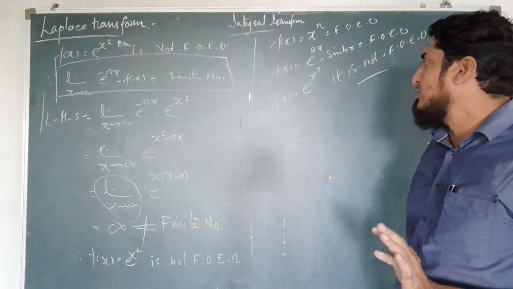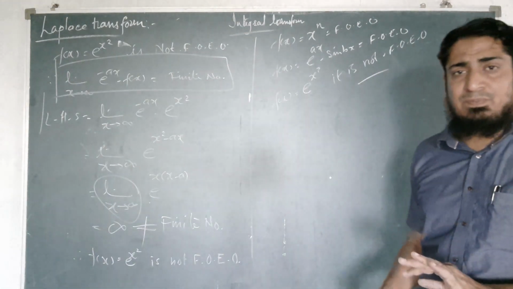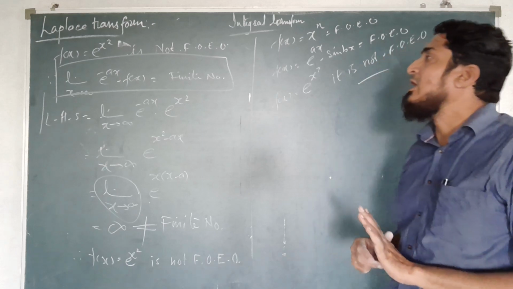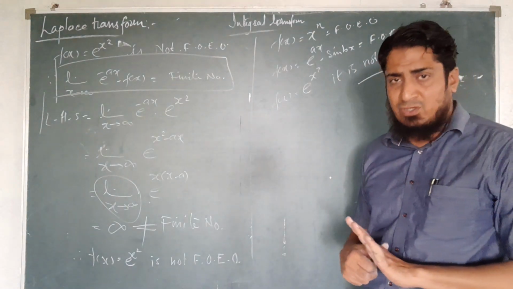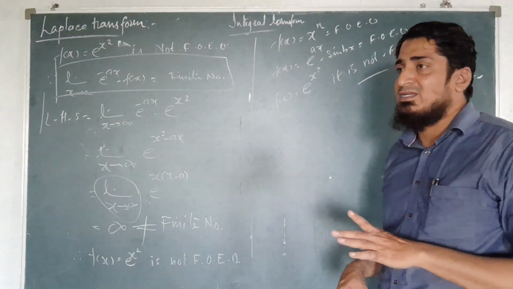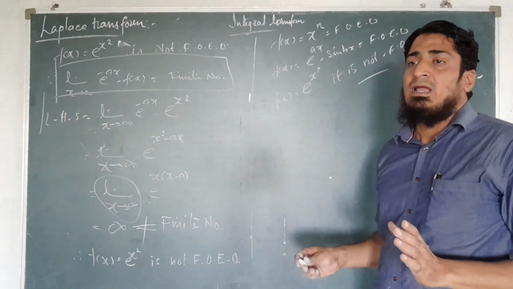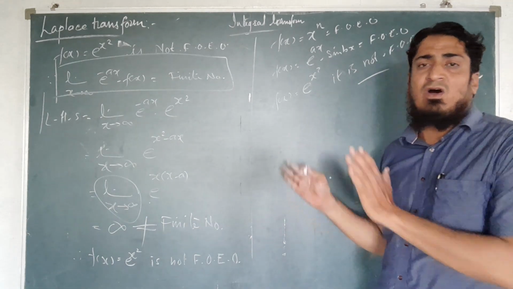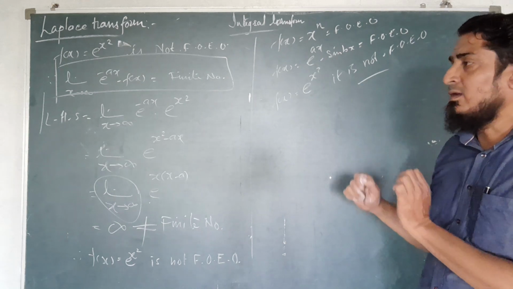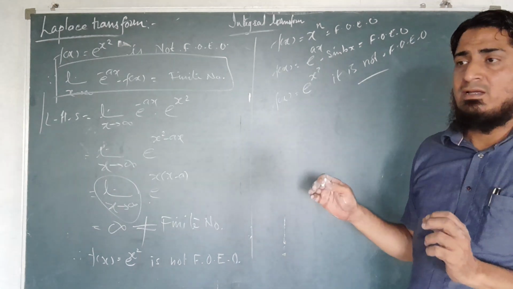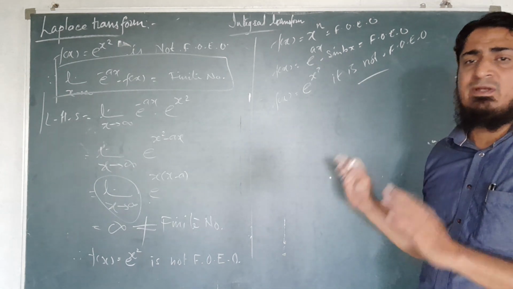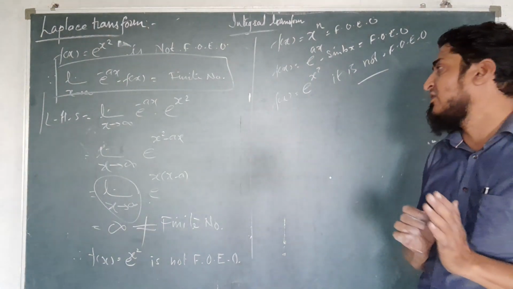Now I think you understood what piecewise continuity is and what a function of exponential order is. We know that a piecewise continuous function is continuous on every subinterval of the interval, and the left hand and right hand limits at the points of the subintervals are different.